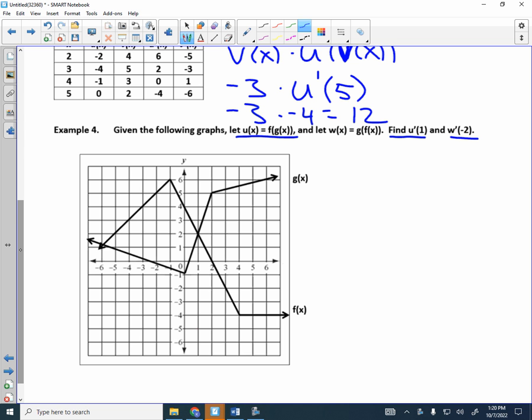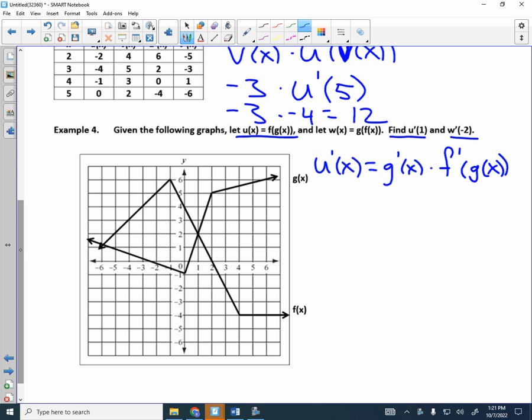So u prime of x is f of g of x differentiated. What do you get if you take the derivative of f of g of x? Use our rule. Derivative of the inside, good, g prime of x times f prime of g of x. Good.